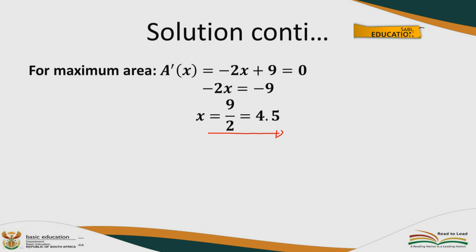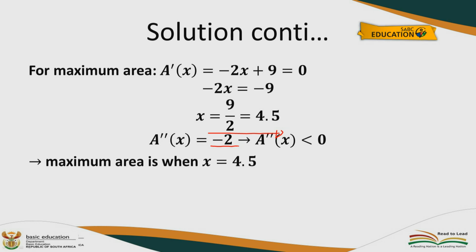And to do that, we use the second derivative. We can clearly see that the second derivative is negative 2, which means the second derivative at this point is going to be less than 0, and that will mean maximum area. So it means that the maximum area is when x equals 4.5.